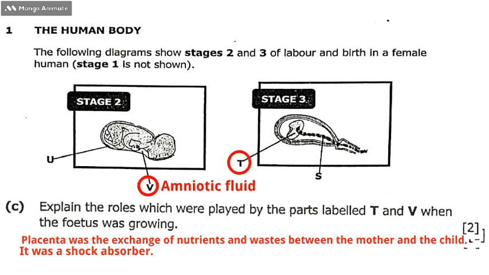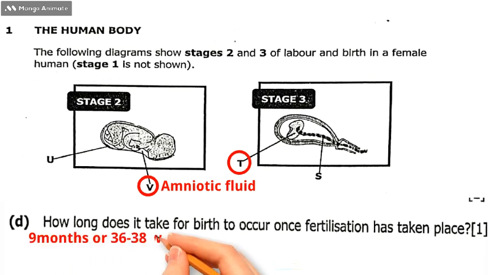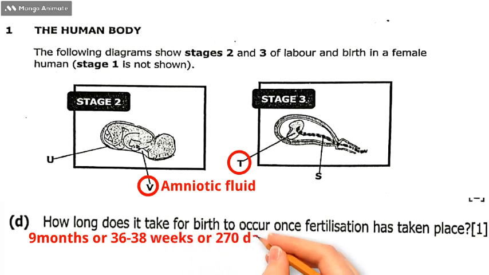We go to D. So what is D? D, we are saying, how long does it take for birth to occur once fertilization has taken place? So the pregnancy of a human being takes about 9 months or 36 or 38 weeks, and the days is 270 days.